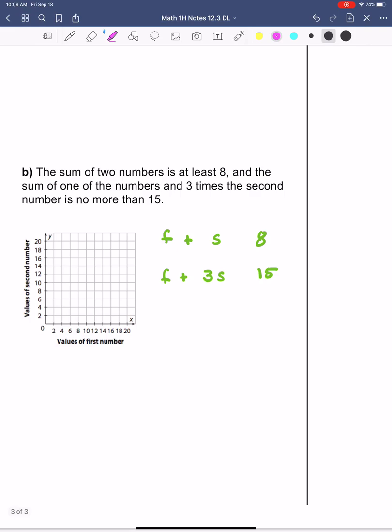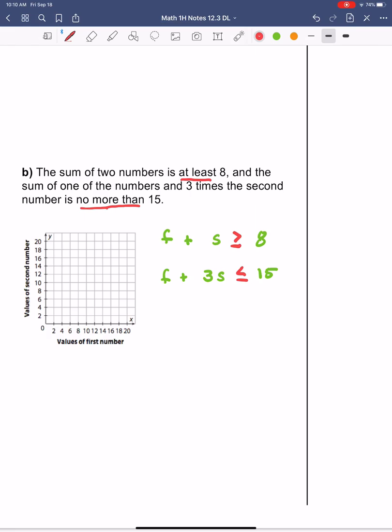Moving on to the next one, it says the sum of two numbers is at least 8. They've labeled it as first number and second number, so that's what I did. So I've got F plus S is at least 8. My symbol here is going to be greater than or equal to because it says at least. And the sum of one of the numbers and 3 times the second number is no more than 15, so that's less than or equal to.